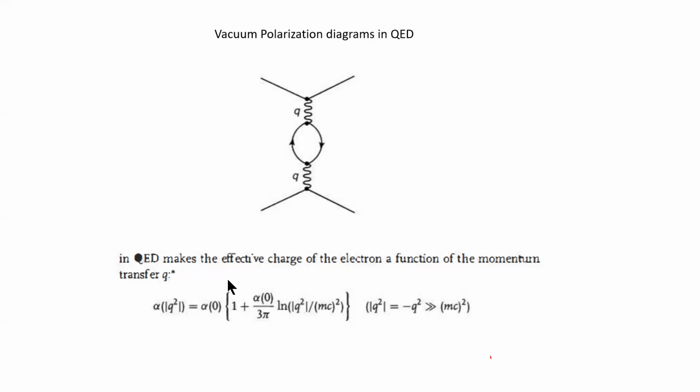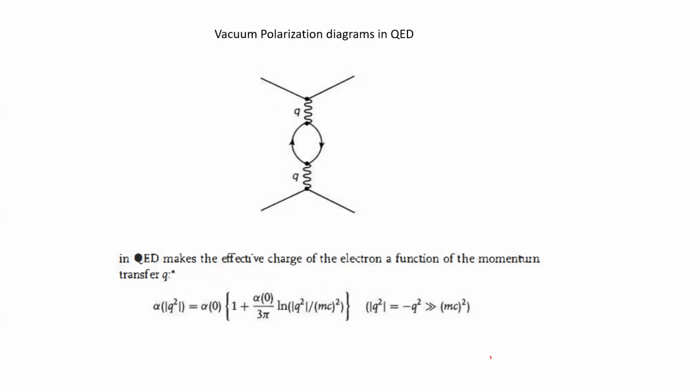So what you can make out of that is that when the momentum transfer is higher in any process, the charges get closer together, and therefore the coupling constant increases. This directly follows from this equation. As q becomes higher, the coupling constant value increases, right?